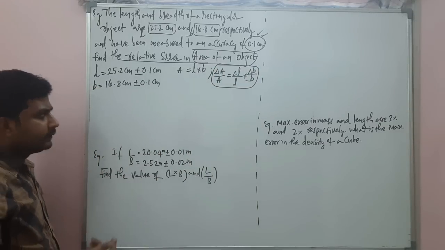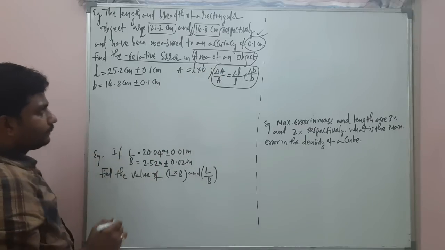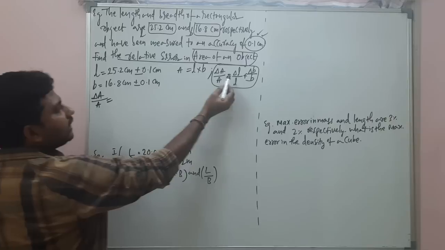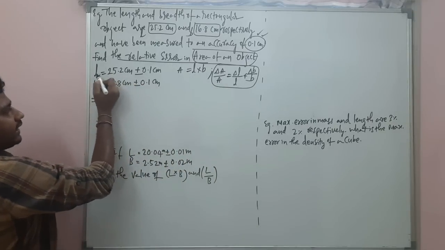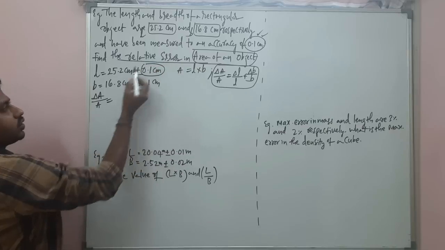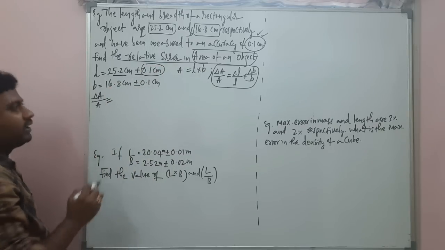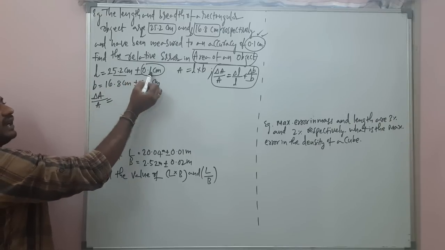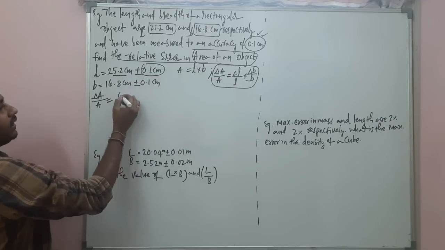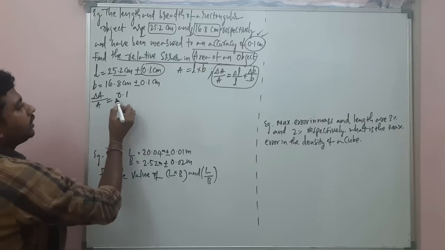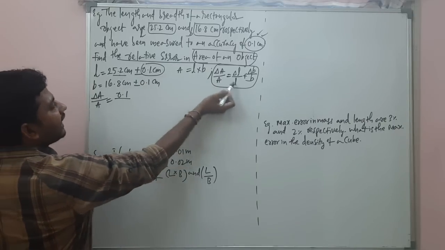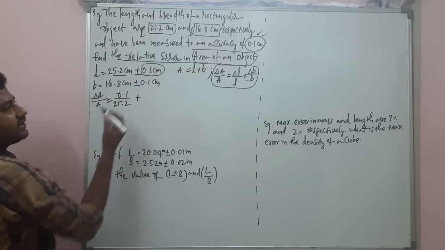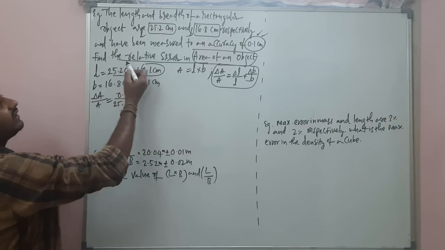Let's check. Delta A by A, we need to find out, which is equal to delta L by L. This is L, and this is delta L. So the final measurement is equal to L plus or minus delta L. So delta L is the error 0.1 divided by L, which is 25.2.